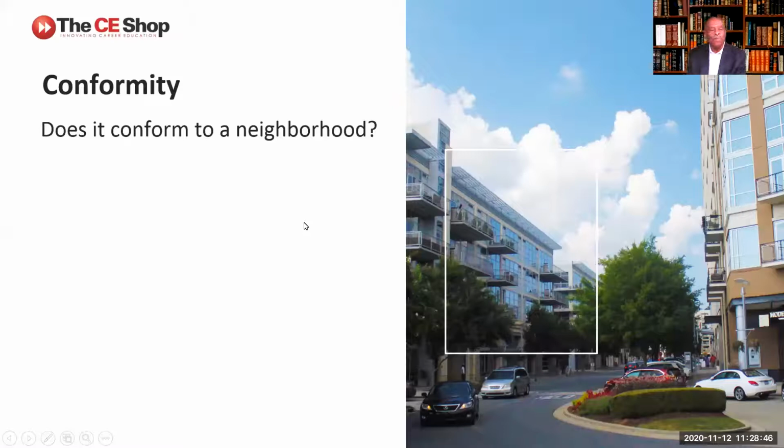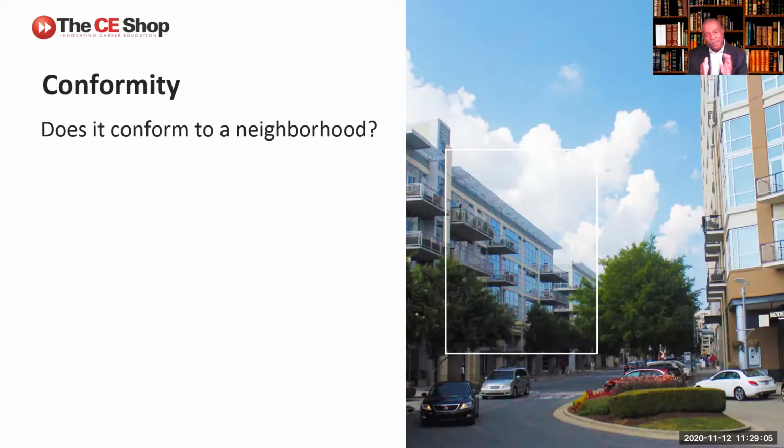Conformity. Does it conform to the neighborhood? Basically, what this principle is asking is that there are times there are unique properties around.